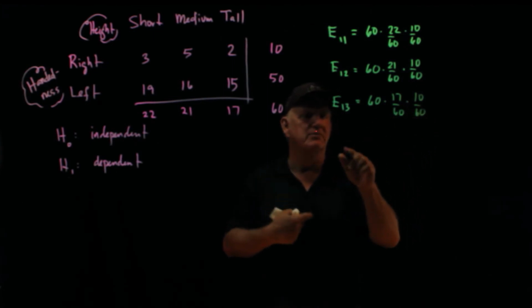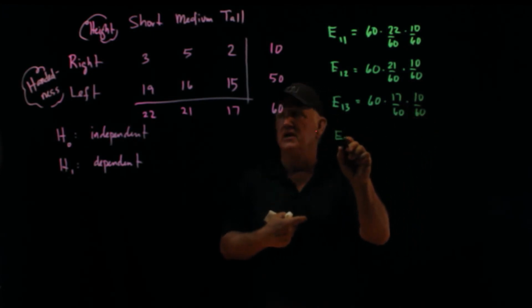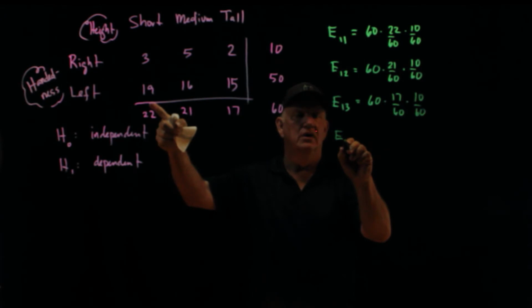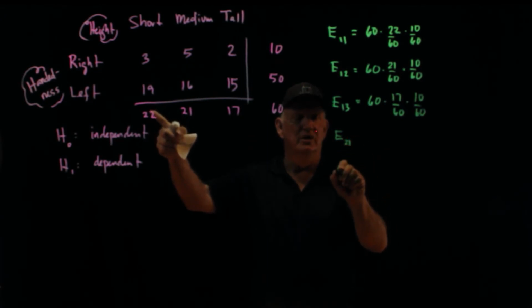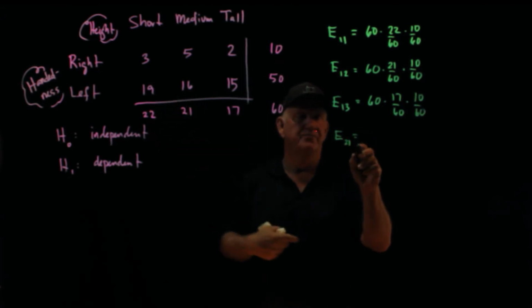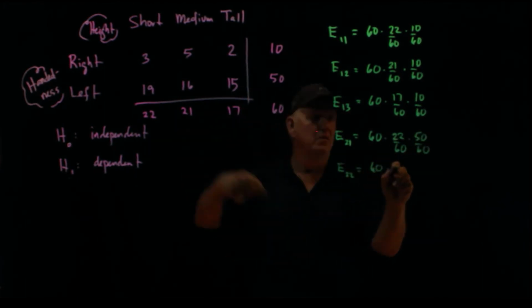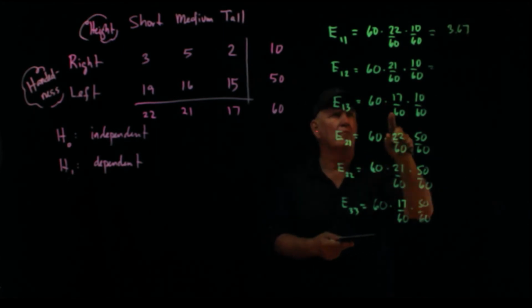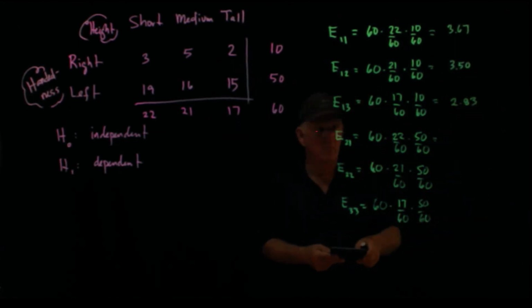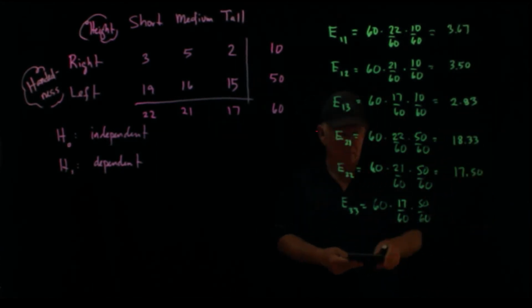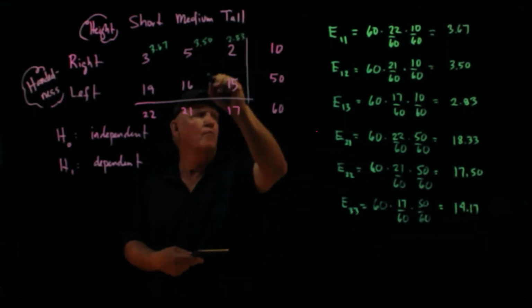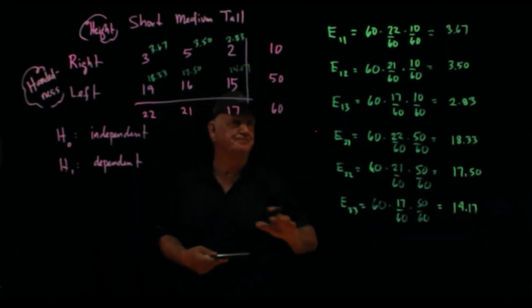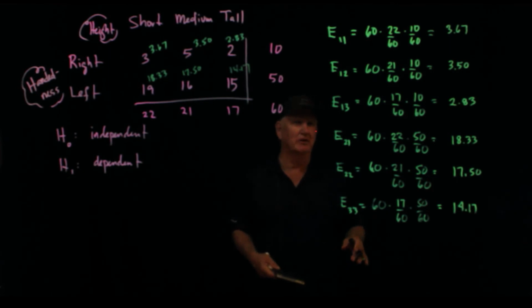Okay, let me just go into hyperspace and finish these off now. I'm going to do second row, first column, and so on. Okay, so it's not easy working that fast.